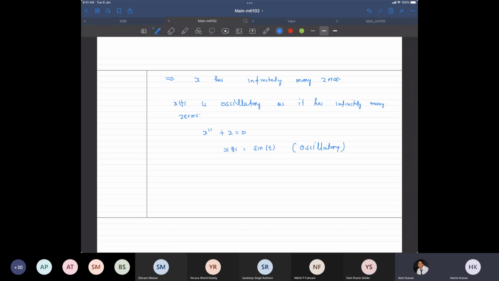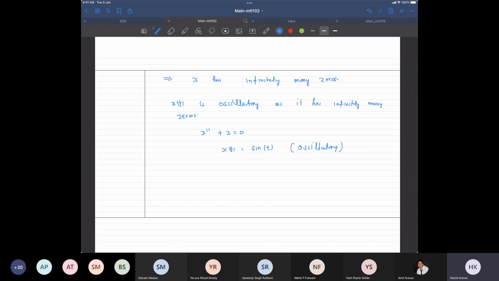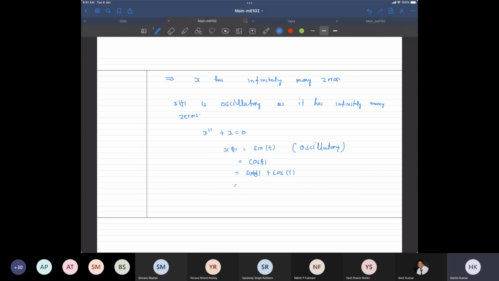Yes, sir. You can take any other, for example cos t, or sine t plus cos t, or 2 sine t plus 10,000 cos t. All of them are examples of oscillatory functions. Okay.